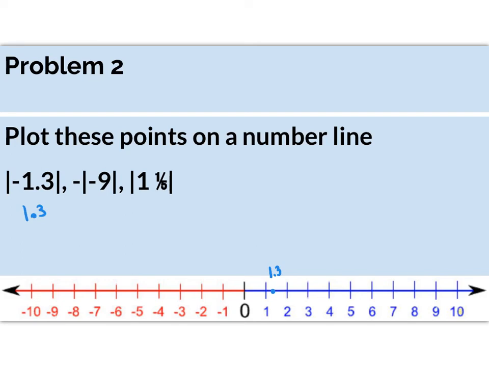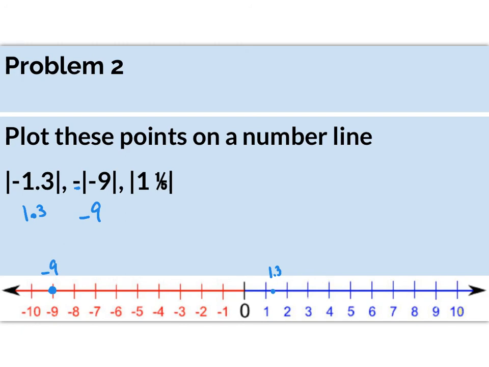So you're going to have to convert these. The absolute value of -9 is 9, but there's a negative on the outside, so we have -9. And then the absolute value of 1 1/5 is, let me do this in a different color.